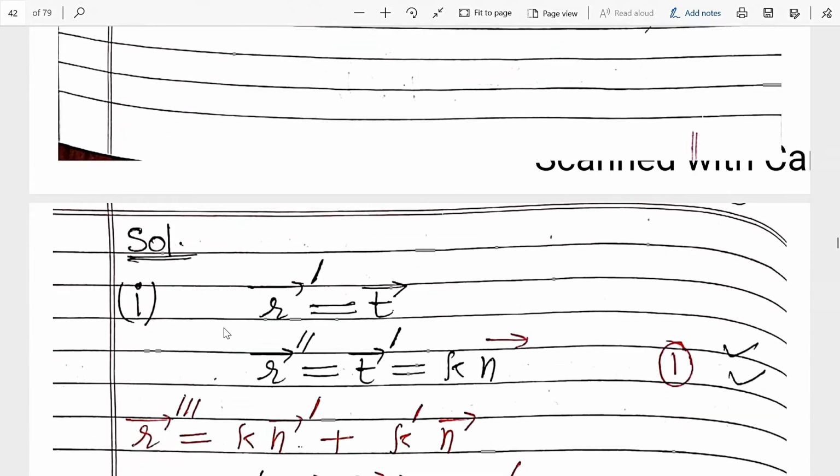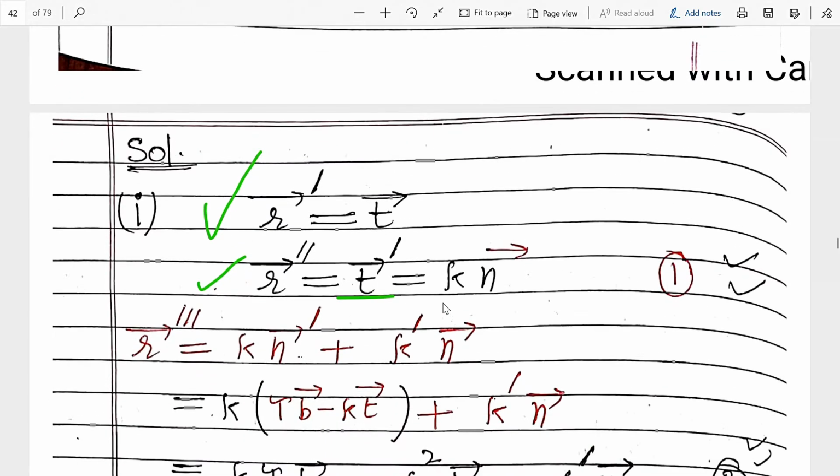As we know, r dash is equal to T, the unit tangent vector. Now differentiate with respect to s, and it becomes r double dash, which is equal to T dash. What is T dash? It is equal to kappa n vector, by the Frenet formula.